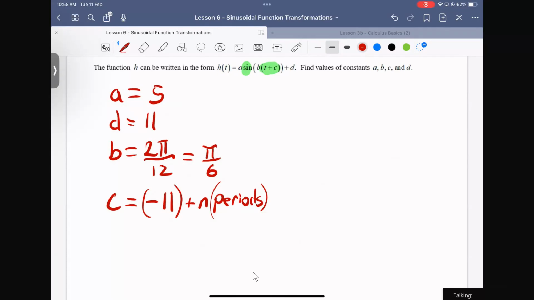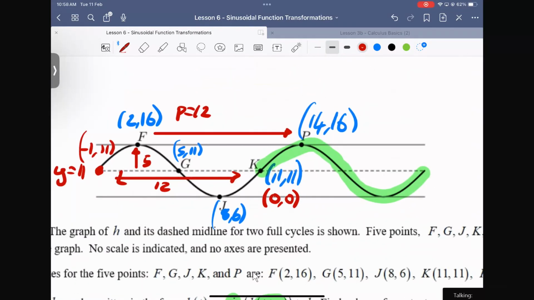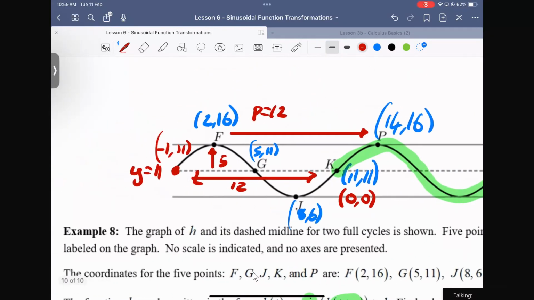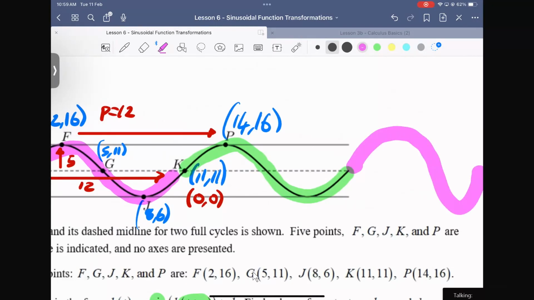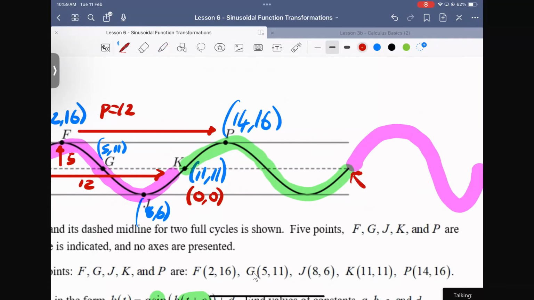Because I'm starting over here at K, you could just as easily start off over here with your graph there. Or you could start it here at this point and draw that one and have your C value given by this point, which would be at 23. This would be at 23, 11.